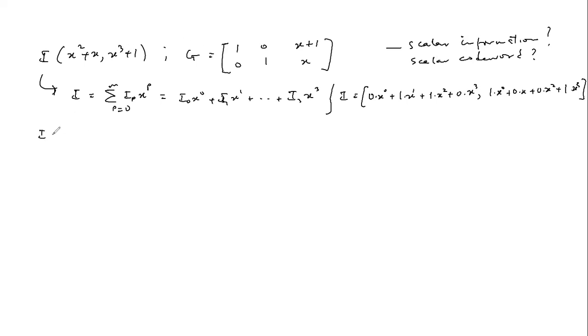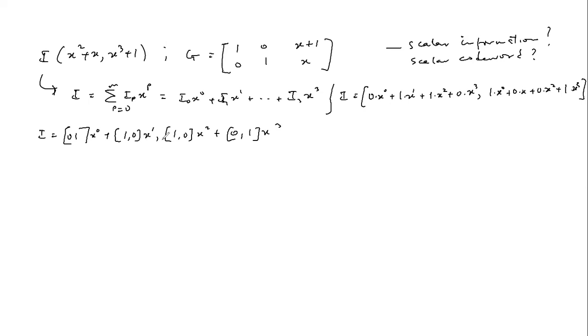So now I is the same as 0, 1 for x naught plus 1, comma 0, x1, 1, comma 0 for x squared plus 0, comma 1 for x cubed.